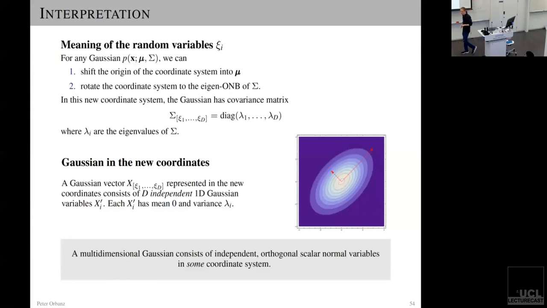And this is really something that is important to understand. If you use a Gaussian with dependence in it, then in a sense, that dependence is just an artifact of looking at it in the wrong coordinate system. That does not mean we can neglect it. But you can get rid of the dependence by rotating into the coordinate system given by the Gaussian, and then it becomes just independent scalars.